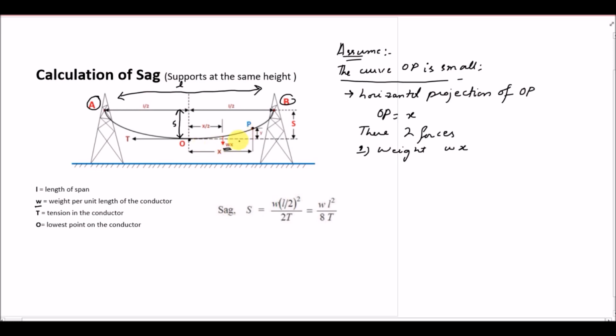We have a portion of the conductor whose length is x, so I am taking the weight as Wx, and this particular weight is acting at a distance x by 2. And then we have another force, that is tension T, acting at O. So now we have defined two forces. One is the weight, which is acting vertically downward, and then there is a tension which is acting tangentially at point O.